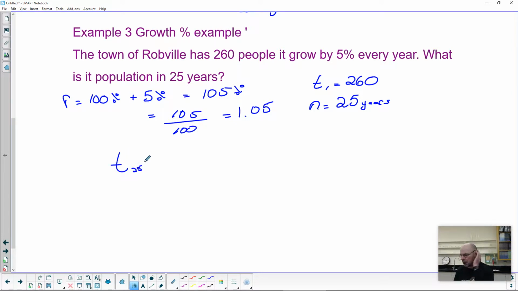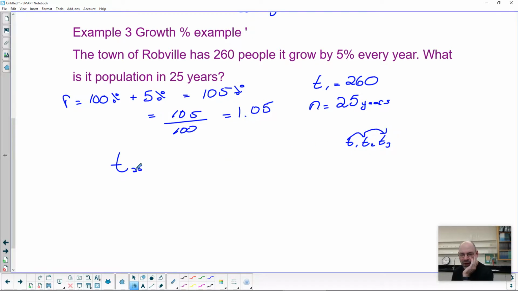Sometimes you might think, well, what is the population in 25 years? Well, if I just do an example of 3 years, so year T1, T2, and T3. Here's my first year. In 1 year, in 2 years.